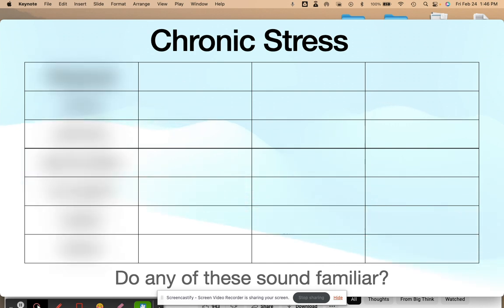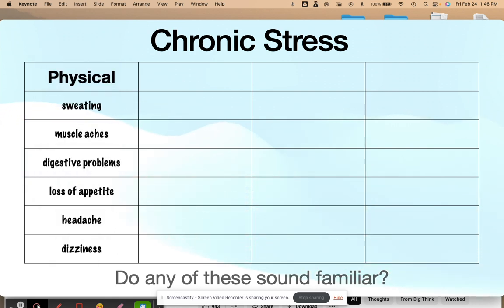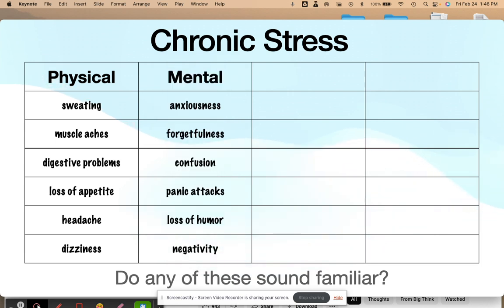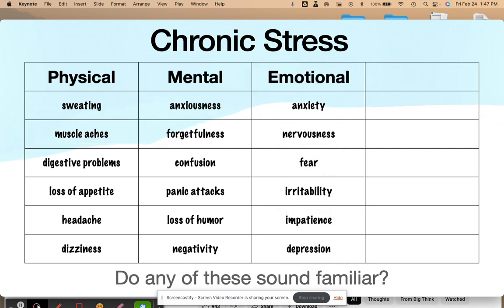Under physical effects, we find sweating, muscle aches, digestive problems, loss of appetite, headache, dizziness. Under mental effects, we see anxiousness, forgetfulness, confusion, panic attacks, loss of humor, negativity. Under emotional effects, anxiety, nervousness, fear, irritability, impatience, depression.